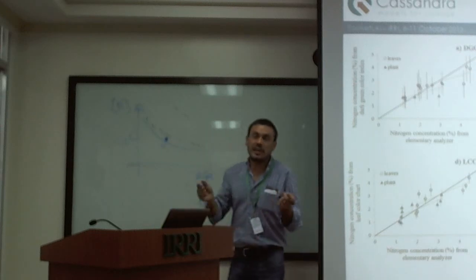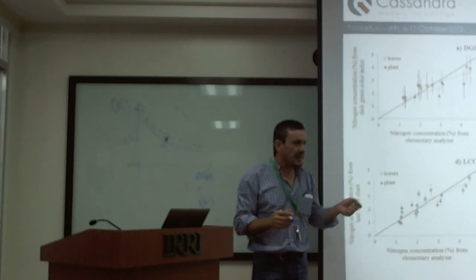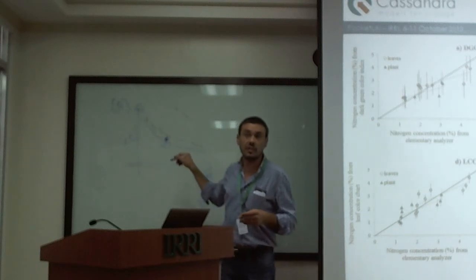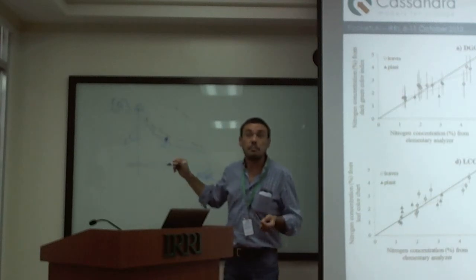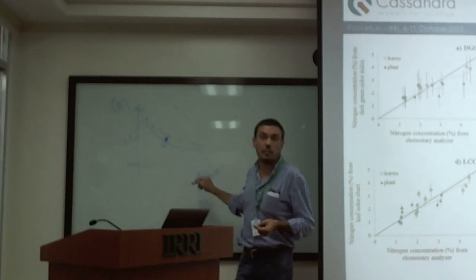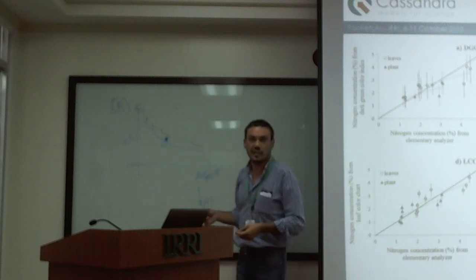I developed with my students, 3 or 4 years ago, not an application but a new method for the estimation of critical nitrogen concentration for rice based on leaf area index. Because in most cases, it is based on above-ground biomass, dilution curves from Salette and Lemaire, Just, and so on.